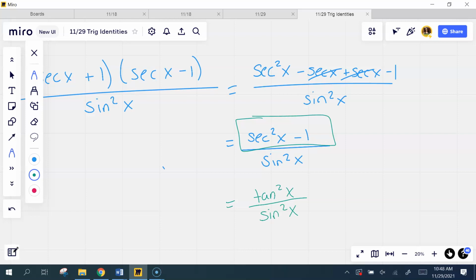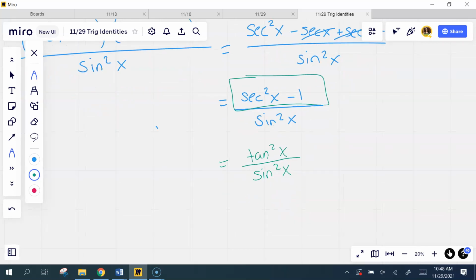What's cosine? What is tangent? Sine over cosine. So let's do this.